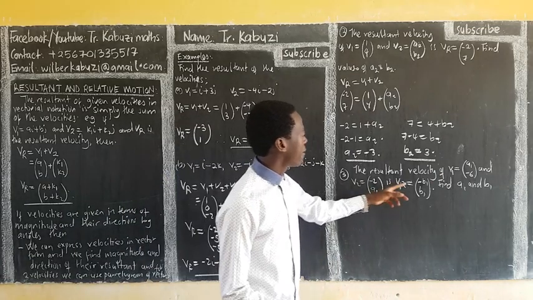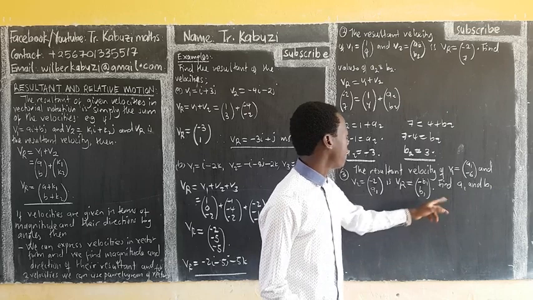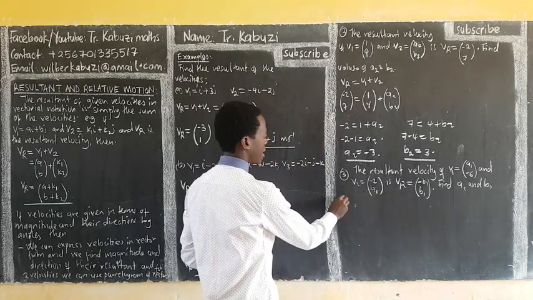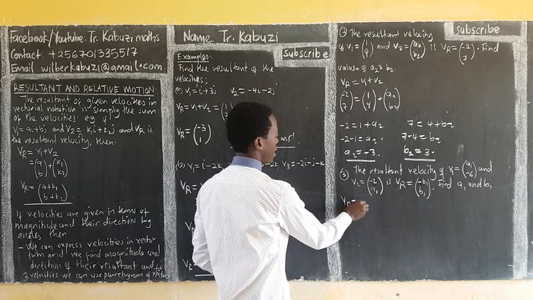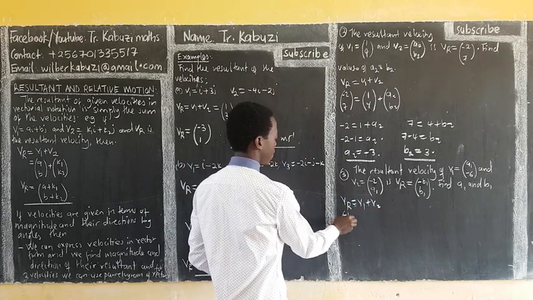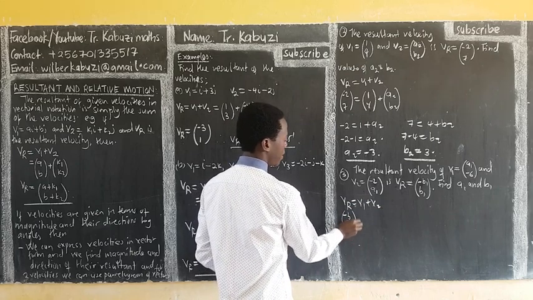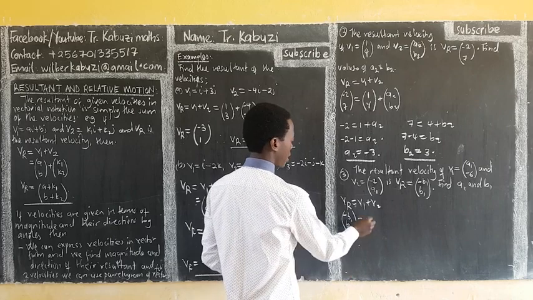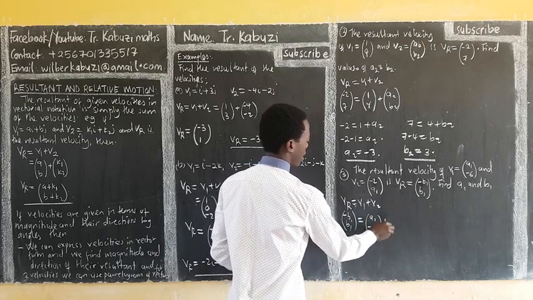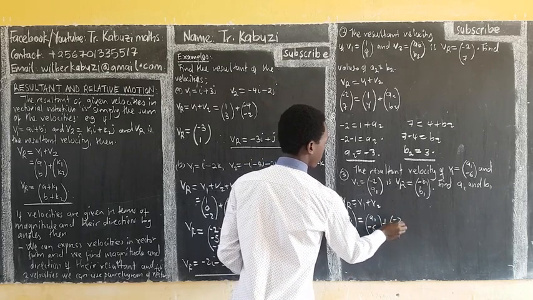Then here, the resultant of V1 and V2 is this. Find A1 and B1. So it tells us that our resultant is going to be the sum of those two velocities. So this one is negative B1, then this is equal to V1, which is A1, negative 6, then plus V2, negative 2, A1.